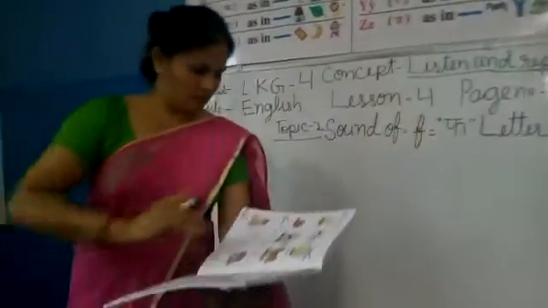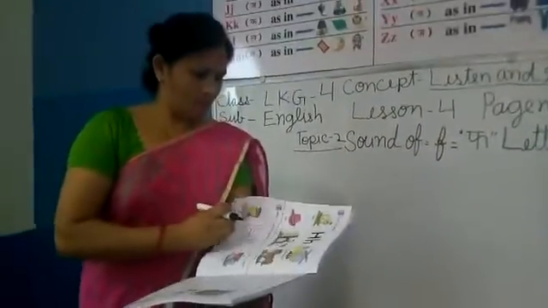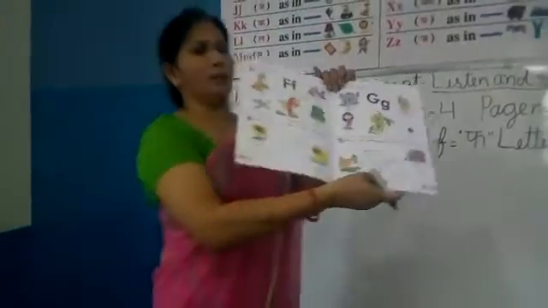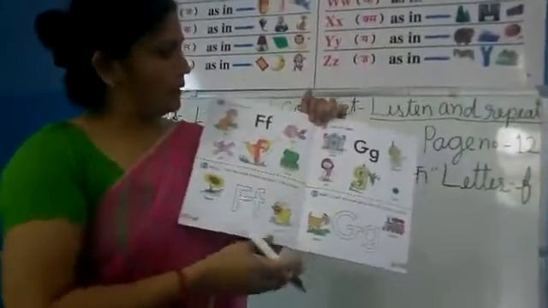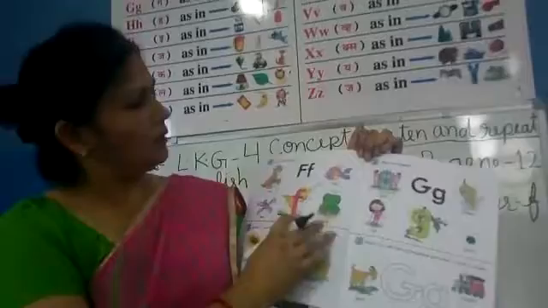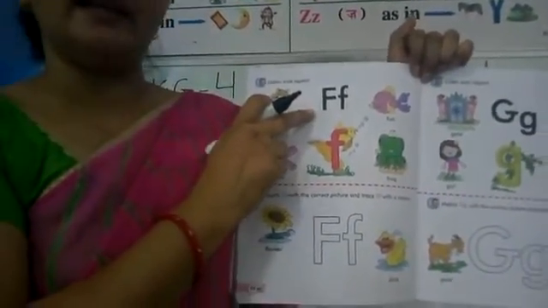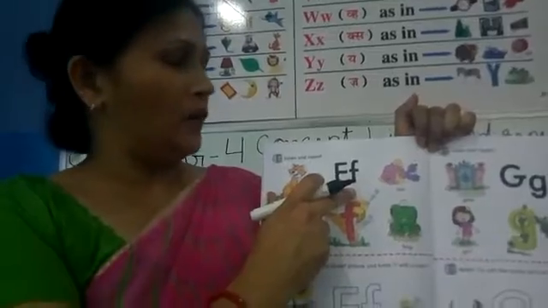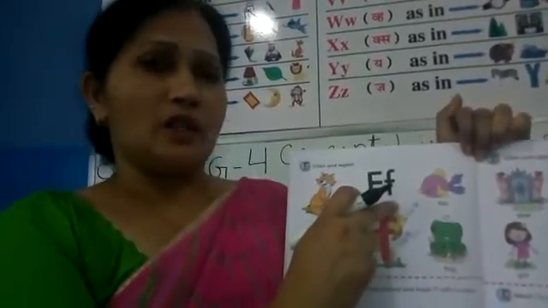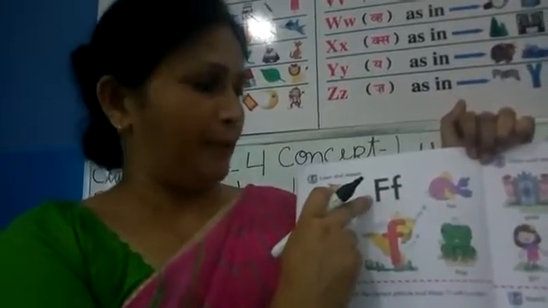Look at the book children. Page number 12. Concept, listen and repeat. Letter F. This letter is capital letter and this letter is small letter.